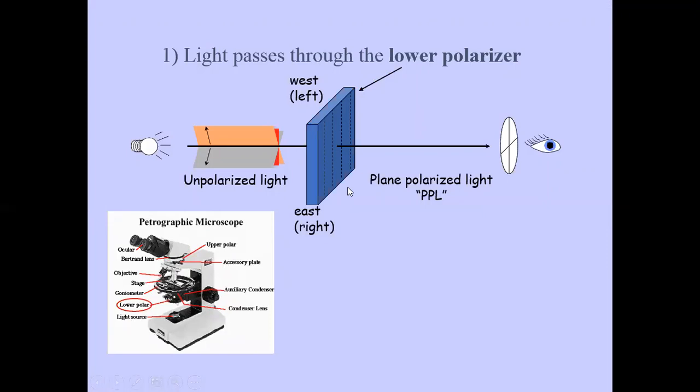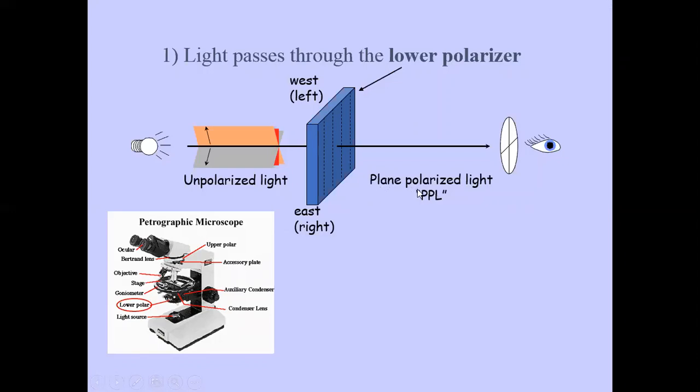Unpolarized light converts into polarized light after passing through the lower polarizer, and such light is then called plane polarized light, because now the light vibration direction is concentrated, oriented along a single plane. That's why such light is called plane polarized light.